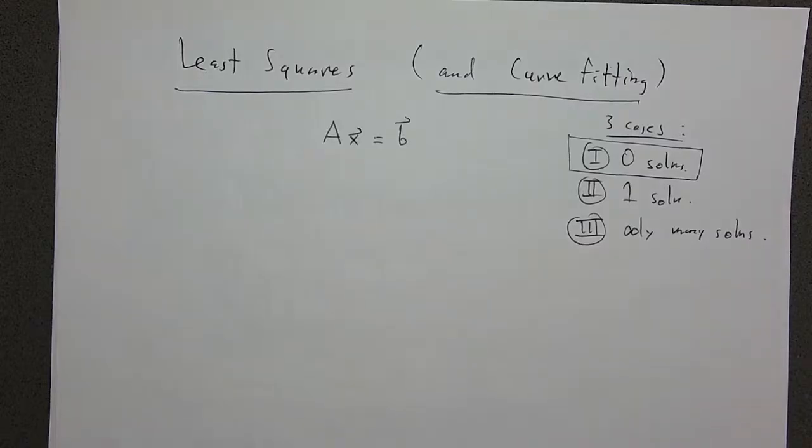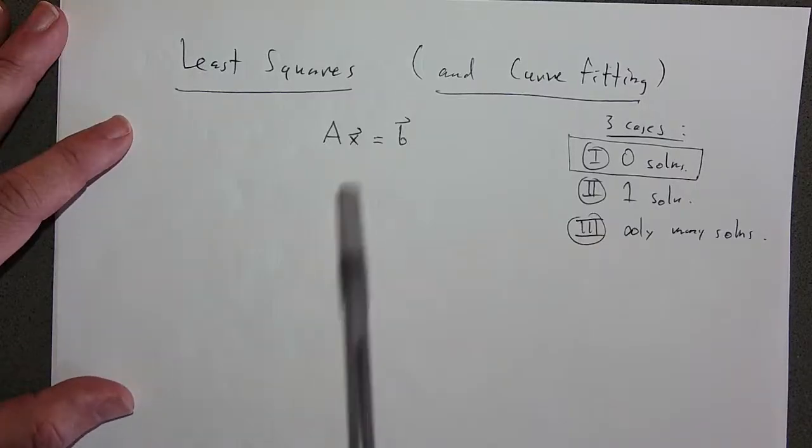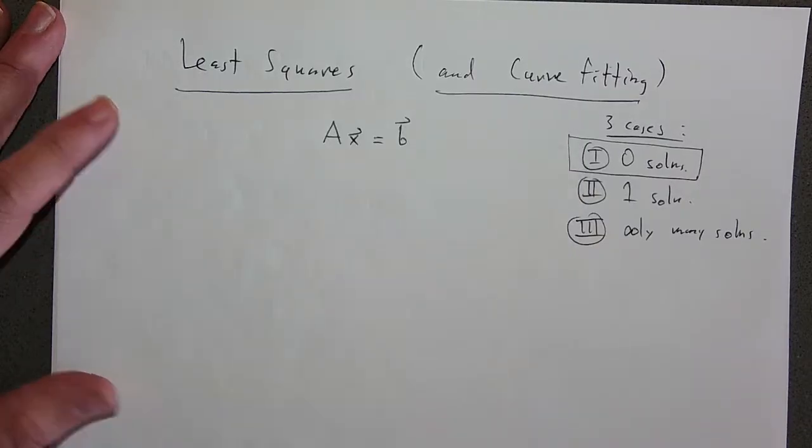And we might ask what's the closest possible solution to this thing? But we're naturally motivated to do that if this is an application problem, because maybe I am seeking a solution for some reason. I would really like this thing to have a solution, but it doesn't.